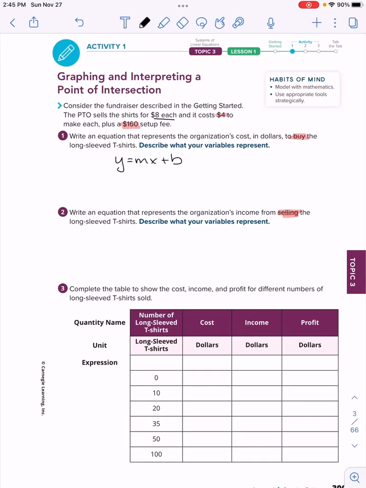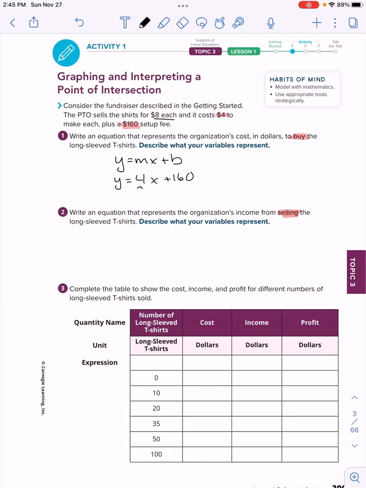And since we're buying the shirts, that's what I highlighted in red in our initial context. Where we begin here is going to be the 160, that's the setup fee. And how much we move, our m value, is $4 each shirt. So this is the equation y equals 4x plus 160.